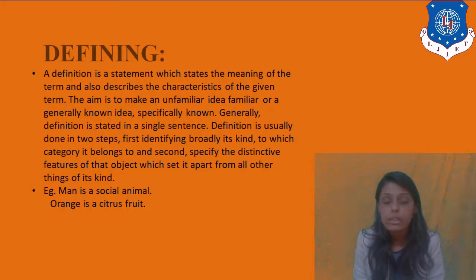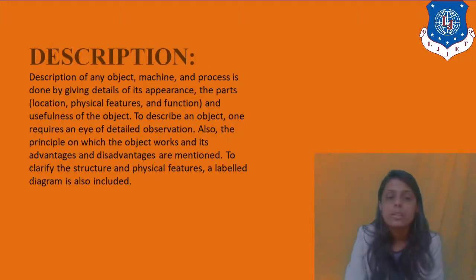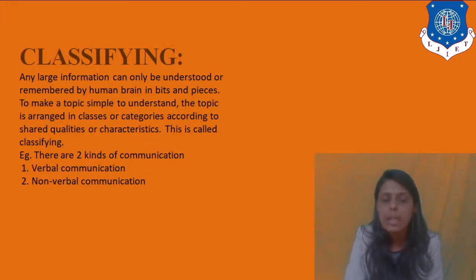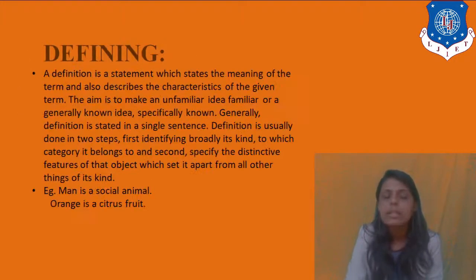So in introduction, whenever you are introducing the paragraph, you also define few things so that the audience will understand what product you are talking about or what you want to talk about in the continuation. So there is defining, there is description, and there is classifying. These three styles of writing are there.